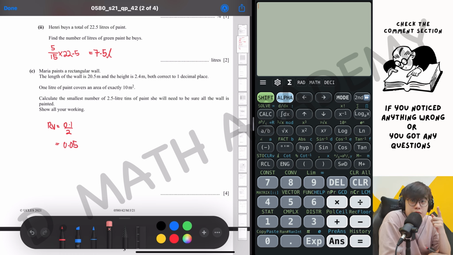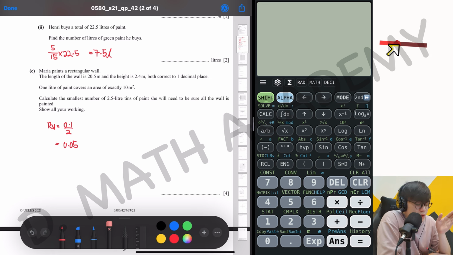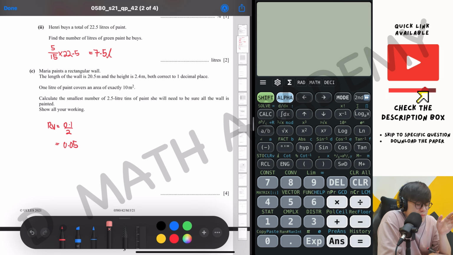The next thing that I will focus on is that they mentioned the smallest number of 2.5 liter tins of paint that she will need to make sure the wall is painted. Because of this keyword, smallest number, if I were to sit for the exam, I will find the lower bound of the area of the wall, so that I paint less. So the paint that I need to use will be less because of this arrangement here.